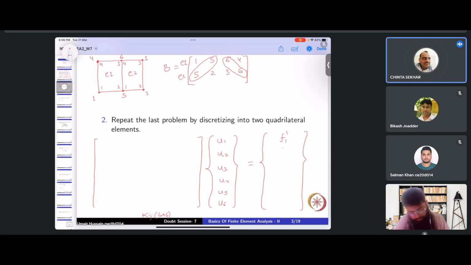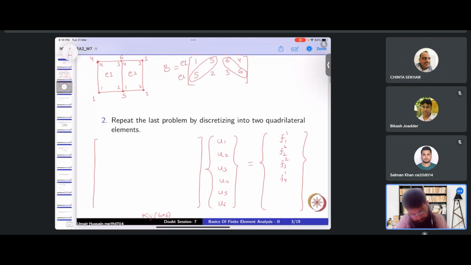Only one, F2 of element 2. For node 3, only F3 of element 2. For node 4, we have F4 of element 1. For node 5, we have two contributions, from element 1 and element 2.